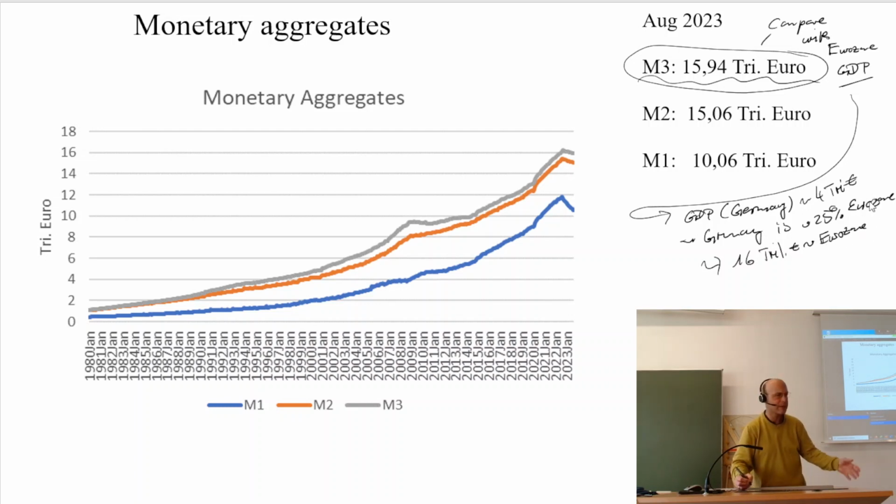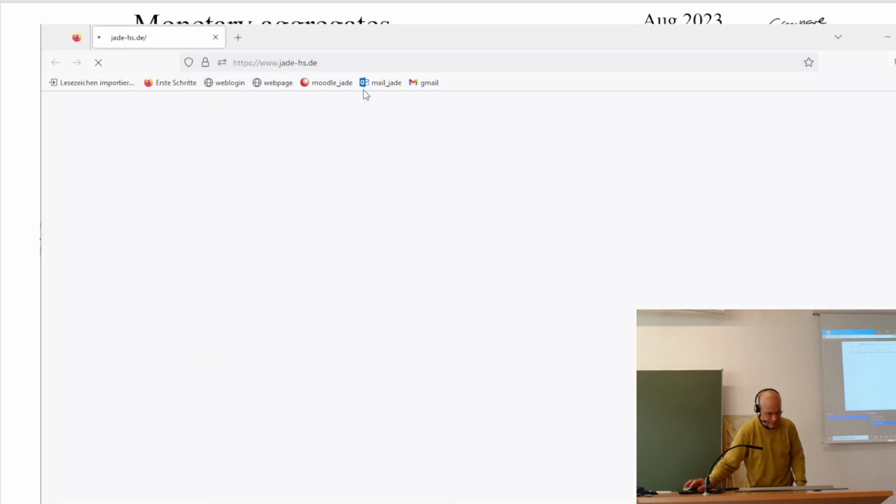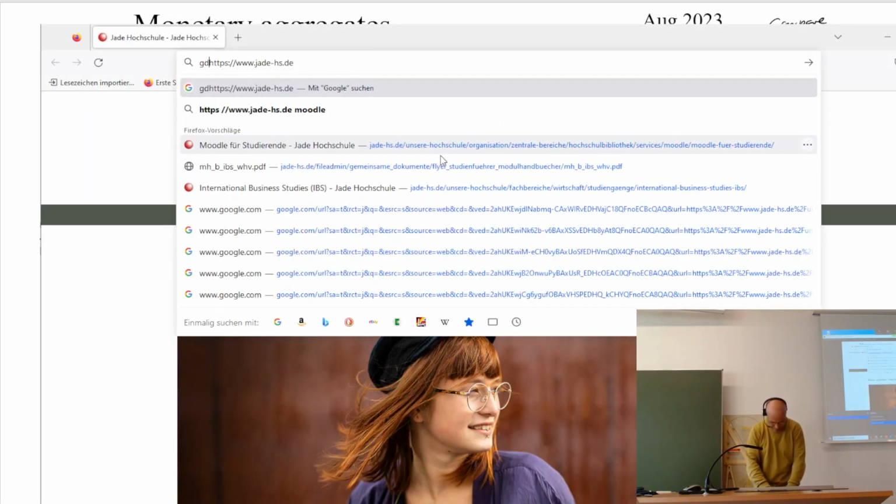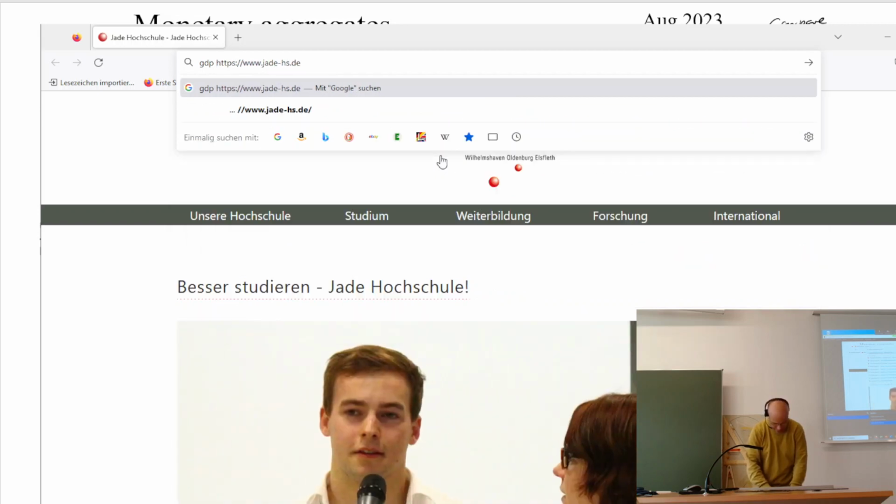I think the true value is a little bit lower, about 13 or something like this, but let's see it, the real number of the Eurozone GDP.